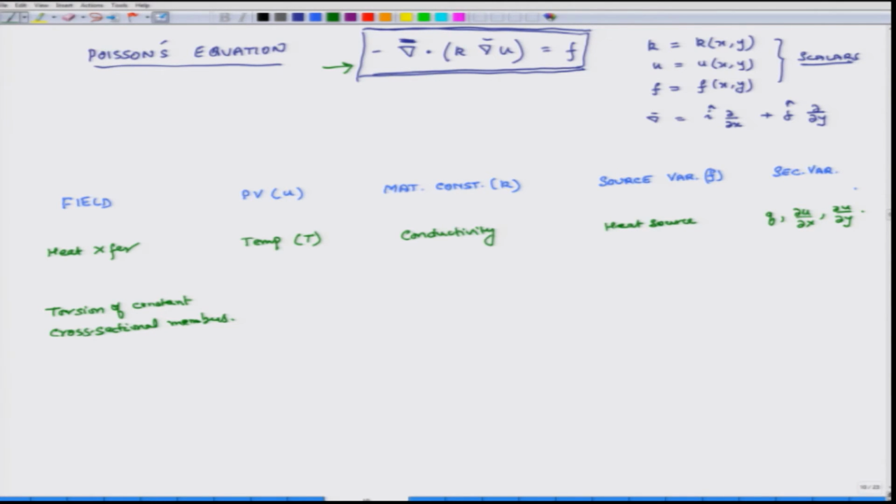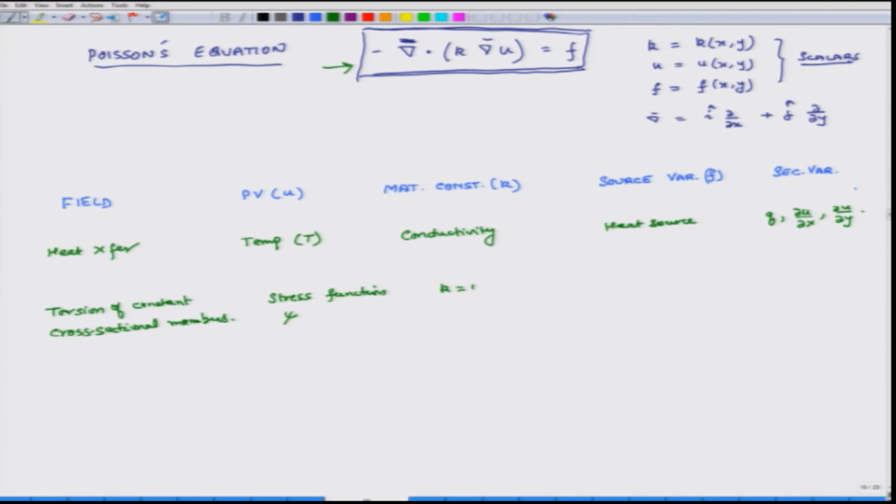So, here what is u? u is the stress function, and we will discuss this later. So, it is a stress function, it is not stress, it is some function called a stress function, and a lot of times in literature it is designated as psi. It does not have a direction, it is a scalar variable.